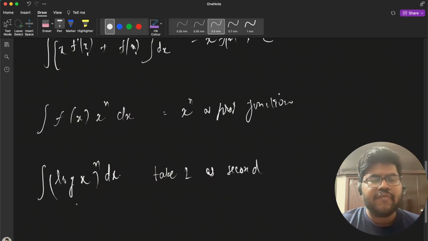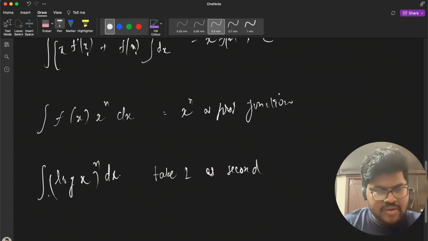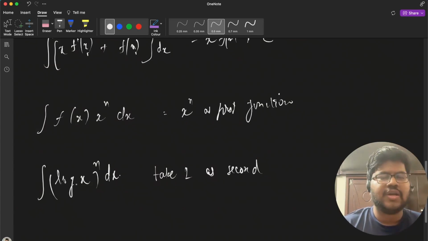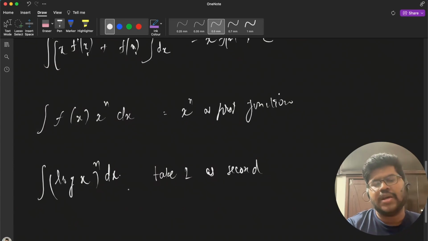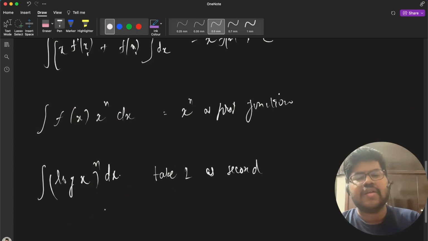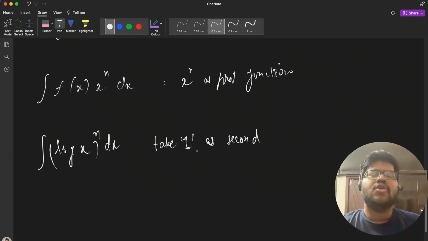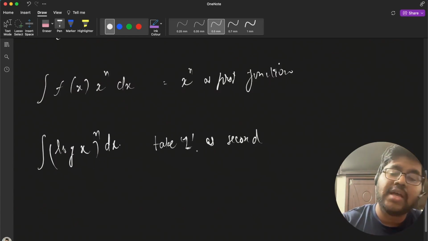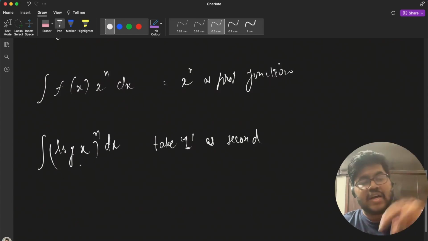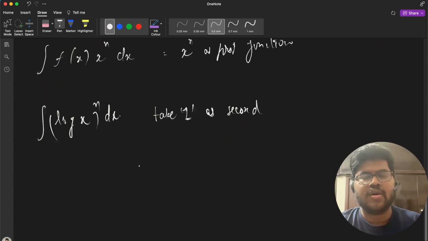If you clearly observe the situation, then we will come to know that here it is only one function comprising log x and raised to power n. So it is a composite function of log x and x raised to n, right? So again, if we want to integrate it with respect to dx, then we have to take 1, basically the numerical value 1, as the second function. So whenever we integrate the second function, integration will become x, and the other becomes 1 by x, so that log x could be directly cancelled with the 1 by x term of the integration function, right?